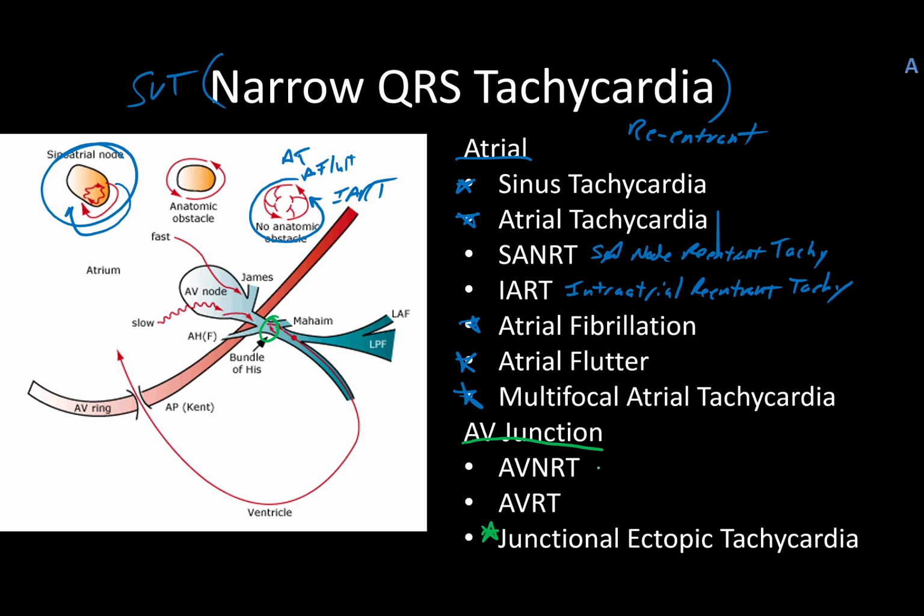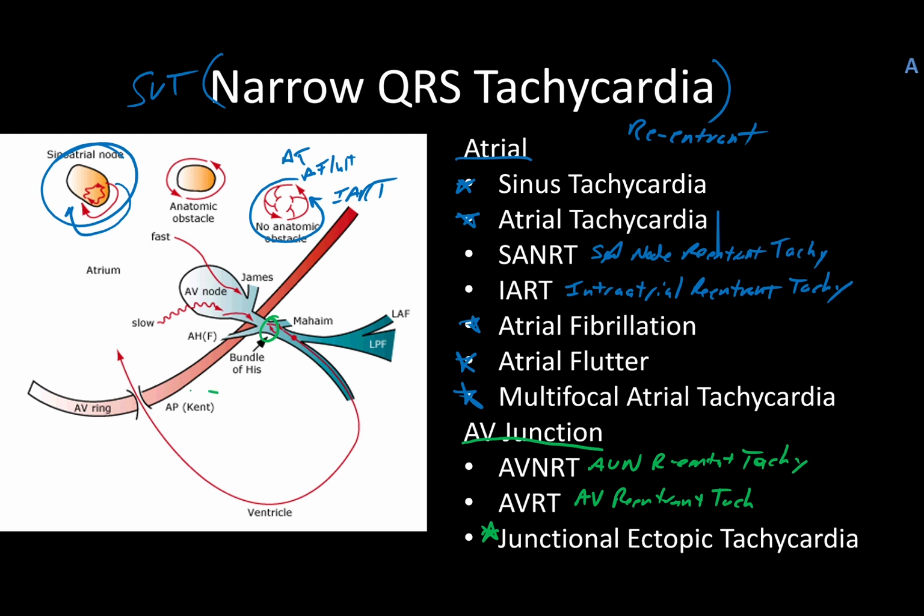Or you can have AV node reentrant tachycardia, or you could just have AV reentrant tachycardia. All of these are for the electrophysiologist to use to decide when to zap or what part to take out when they do ablations and things of that nature.